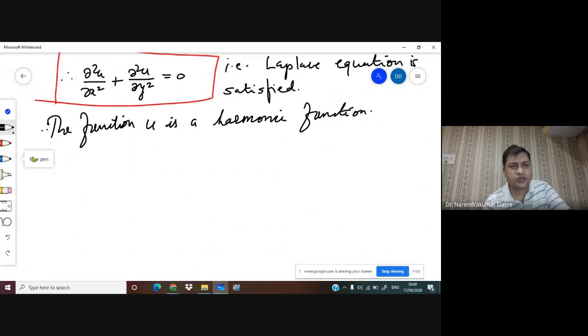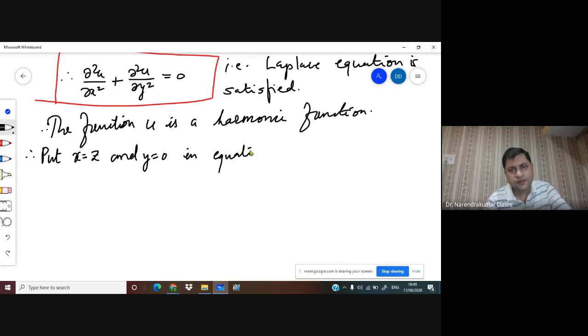Two steps of the Milne-Thompson method we have already completed, and now we go with the third step. So put x equal to z and y equal to 0 in equations 1 and 3.